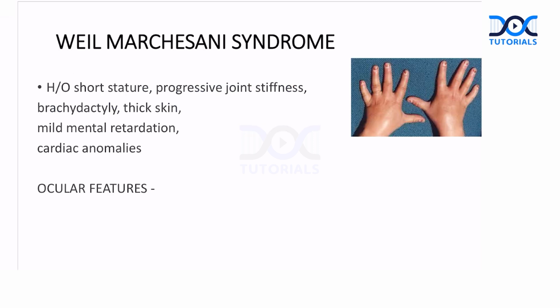Now the next one is my favorite. What is Weil-Marchesani syndrome? So remember friends, this is another very important syndrome where we have an anterior subluxation of lens. Very, very important. Now anterior subluxation is that from the posterior chamber it comes into the anterior chamber. Have a look at the picture.